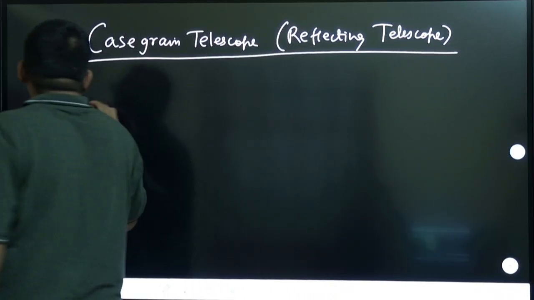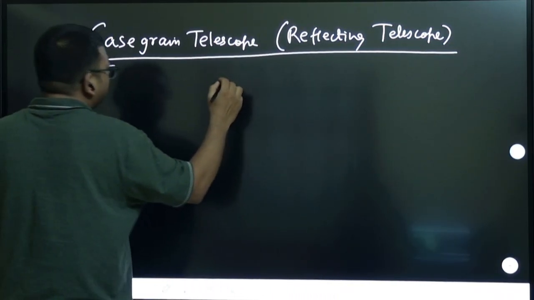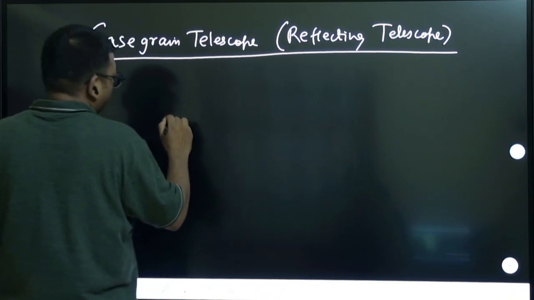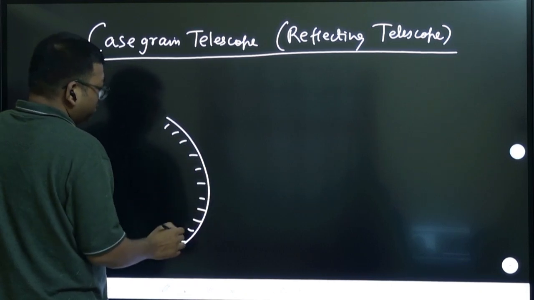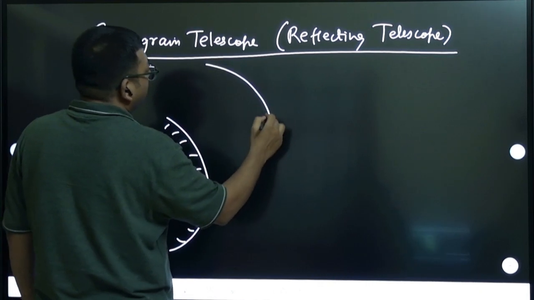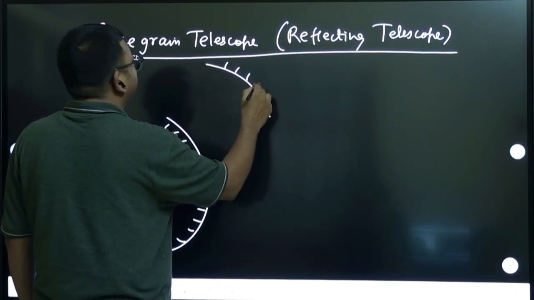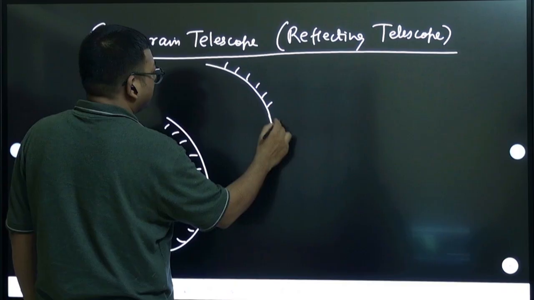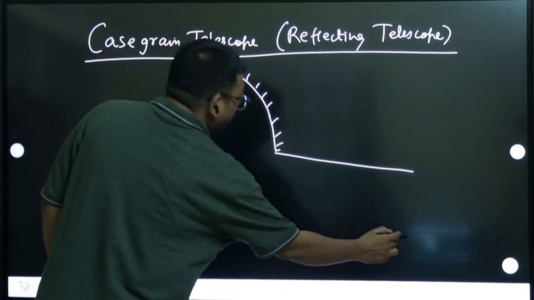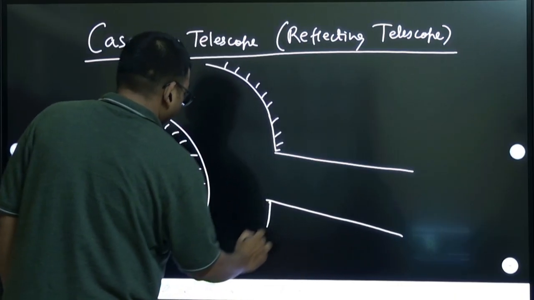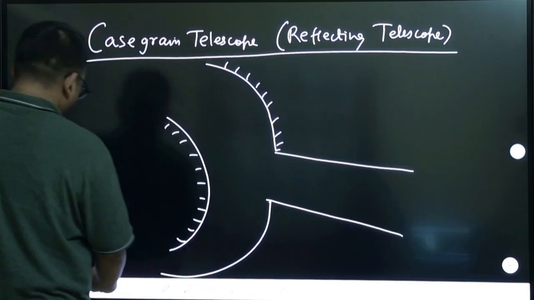And how does this work? We have this kind of mirrors. A convex mirror is there, and concave mirrors are kept, and here also a concave mirror is there.